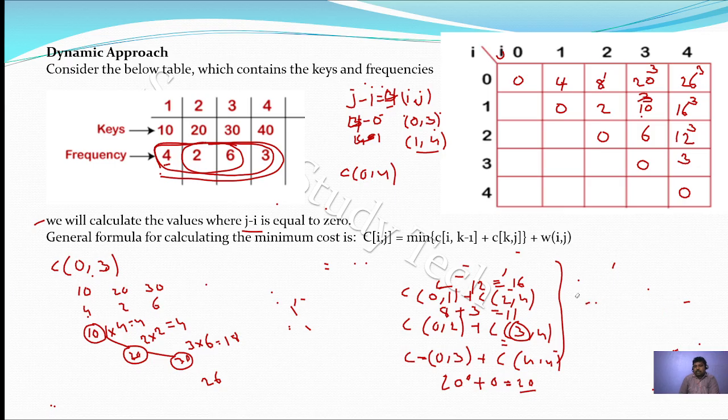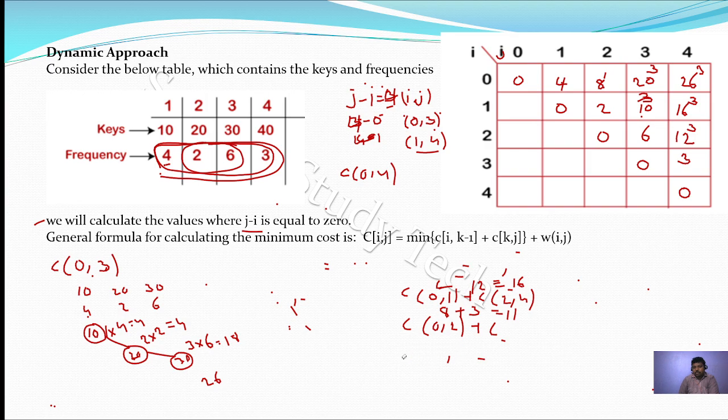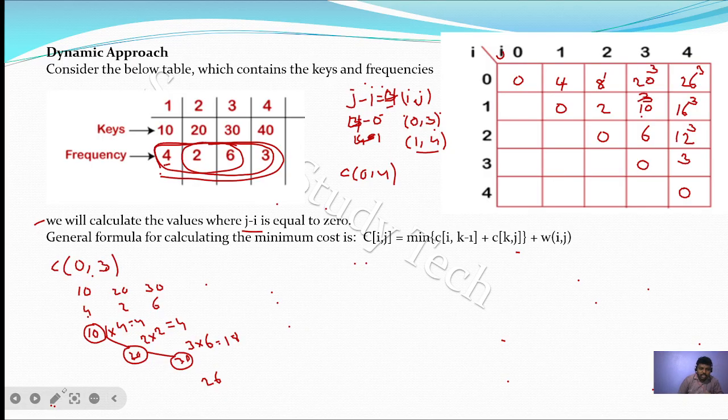Actually, with 4 keys, 14 binary search trees are possible. Drawing all 14 is very difficult. So by using the dynamic programming approach, you consider 1 key, 2 keys at a time, 3 keys, and then 4 keys at a time. Likewise, you calculate which is the minimum, which is the optimal. Then you fill this table. Based on this table, you can directly find the optimal binary search tree.